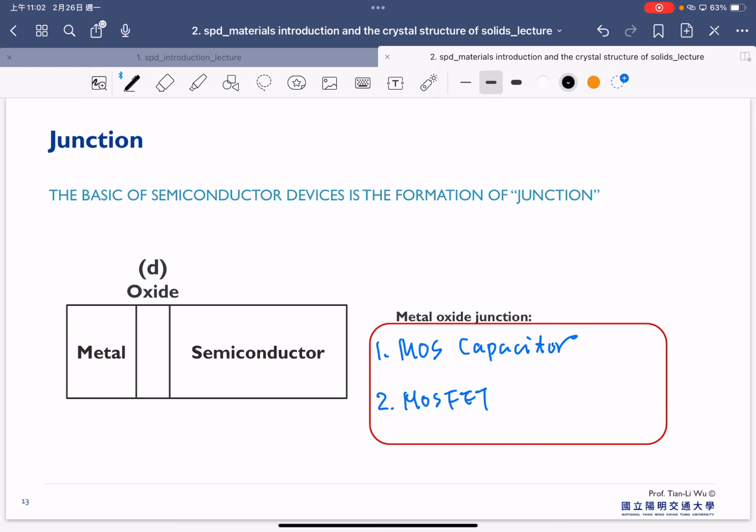Inside the MOSFET, there are actually two small components that highly determine the MOSFET characteristics. The first one is the MOS capacitor. The second one is the PN junction.